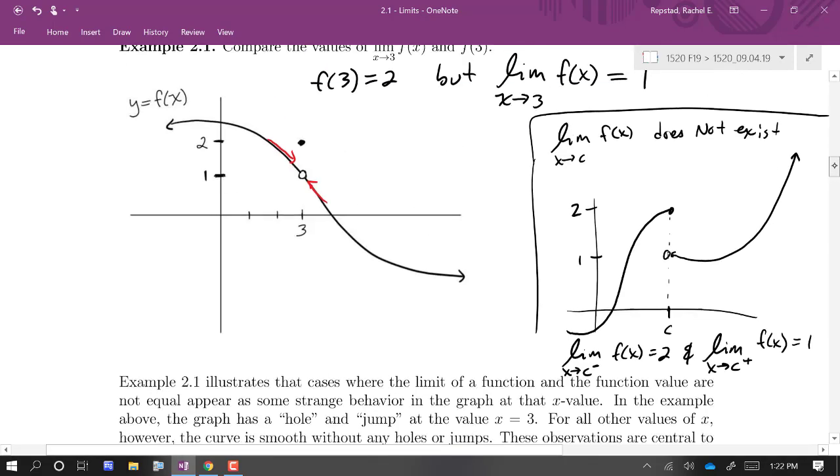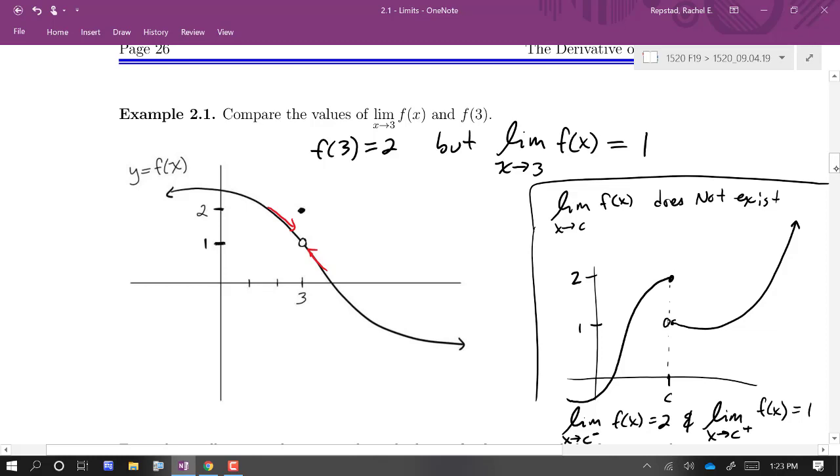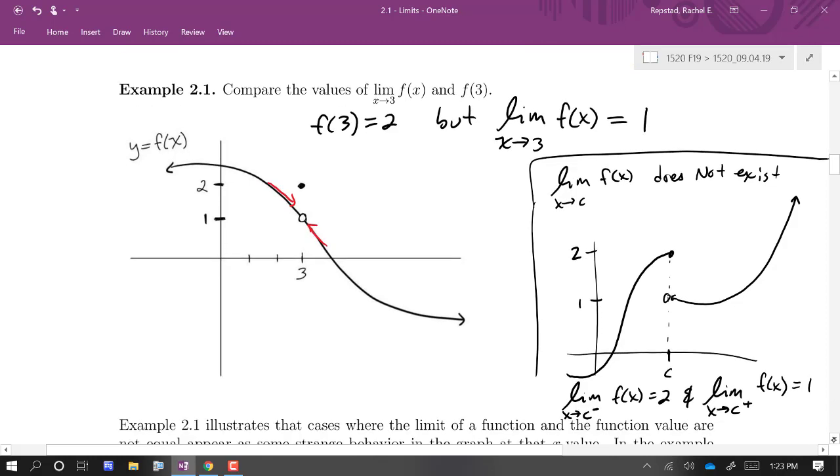So wouldn't, as x approaches c from the right, the limit also be 2, though, because the circle is empty? Nope. If you approach x, how do I get close to 2? As I approach it from the left.